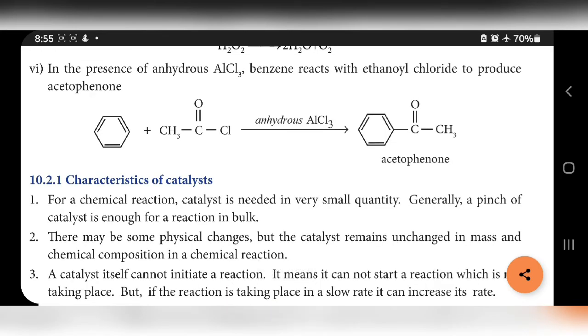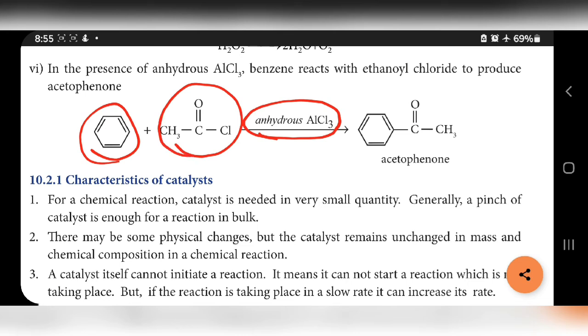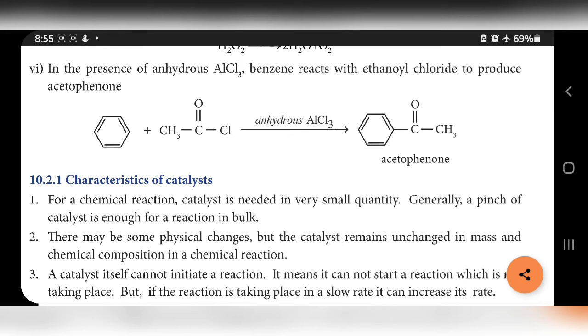Last example: in the presence of anhydrous aluminum chloride, benzene reacts with ethanoyl chloride to produce acetophenone. In this reaction, as you already know, at every corner of benzene one hydrogen is present.